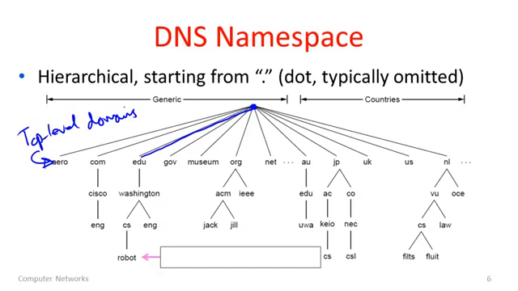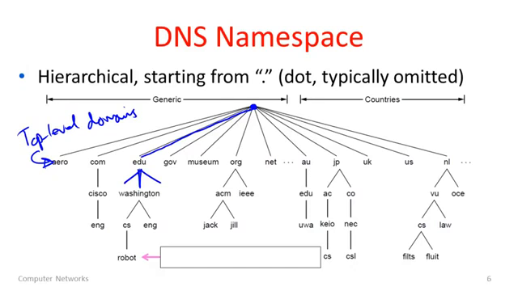And after edu, again, since it's a tree, from these top level domains we divide and have other names there. Under edu here I've just shown one particular name, Washington. Washington.edu, the University of Washington. But there'll be many other branches of .edu, one for MIT, one for Berkeley, Stanford, and so forth, all of the other universities.